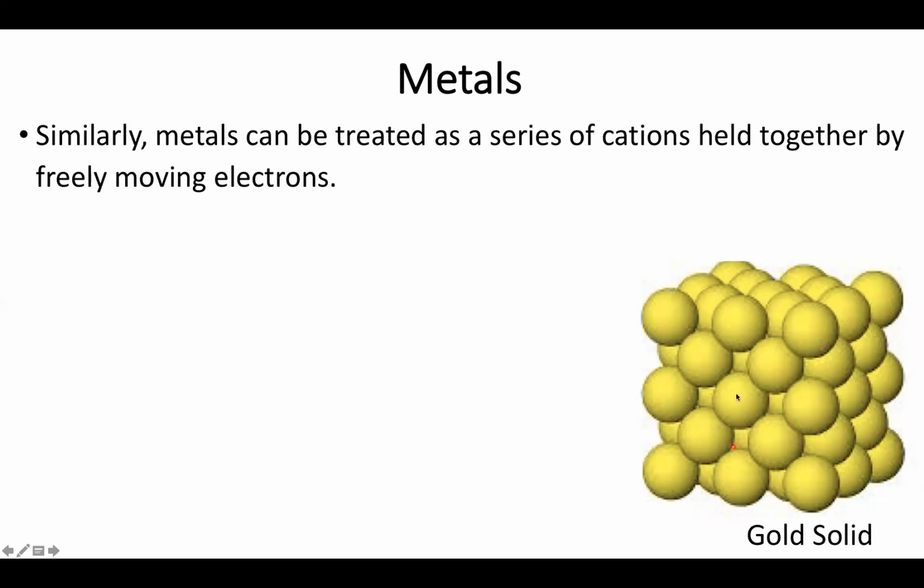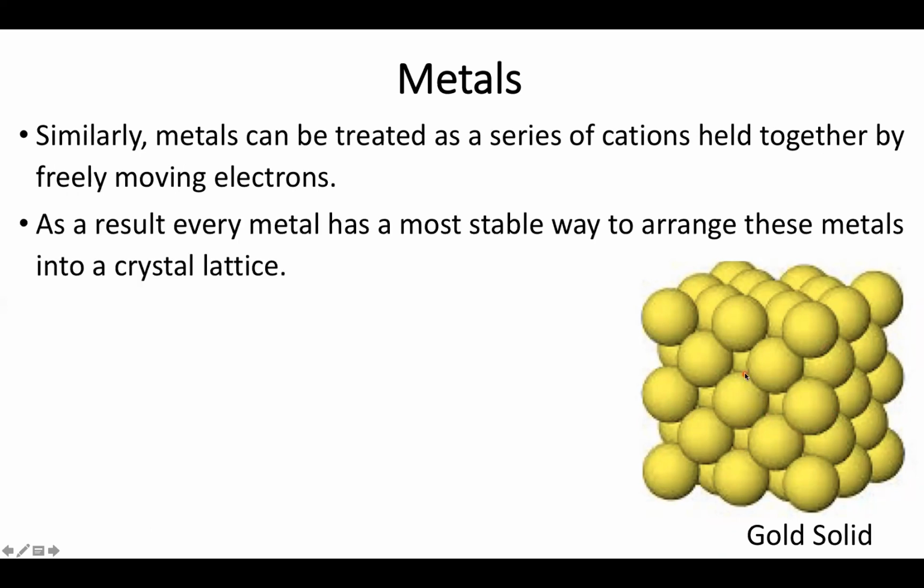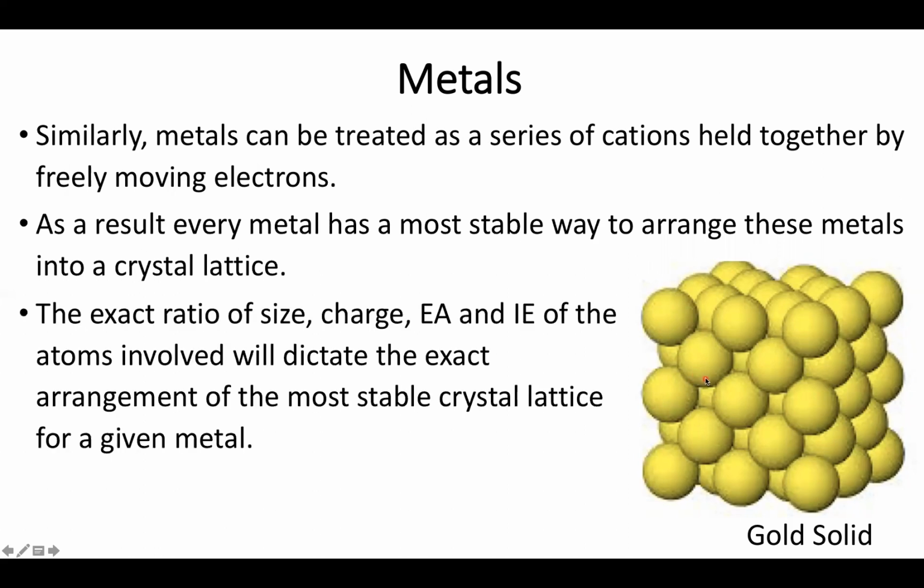And because these electrons are a lot more mobile, it means you're going to have a lot softer of a metal, a lot softer of a substance. So gold is a lot softer than salt. But there tends to be very specific ways you can maximize these connections. And so just like you tend to see in ionic solids, you tend to see very consistent crystal structures or crystal lattices with repeating units as the best way to optimize these systems.